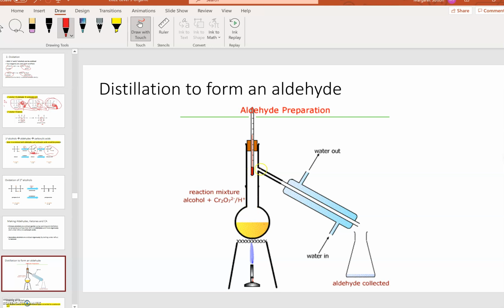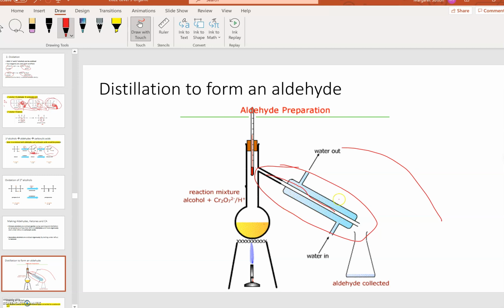This part here is known as a condenser. A condenser is made up of a tube of glass in here, which you can see, and that connects up here, and on the outside is another layer of glass. What we do is plug this into the tap, water in at the bottom and out the top, and the water out the top just goes into the sink.